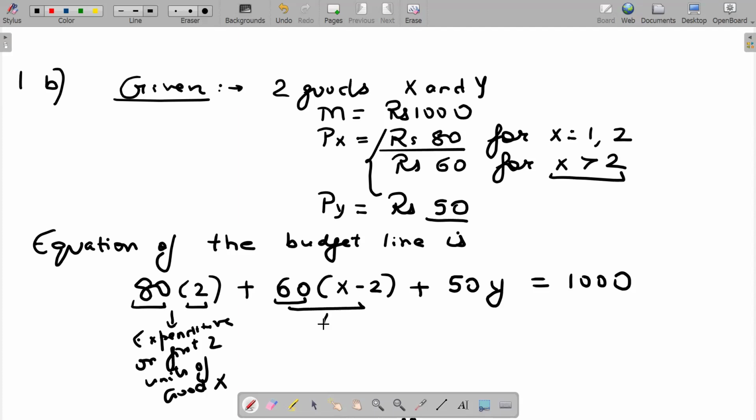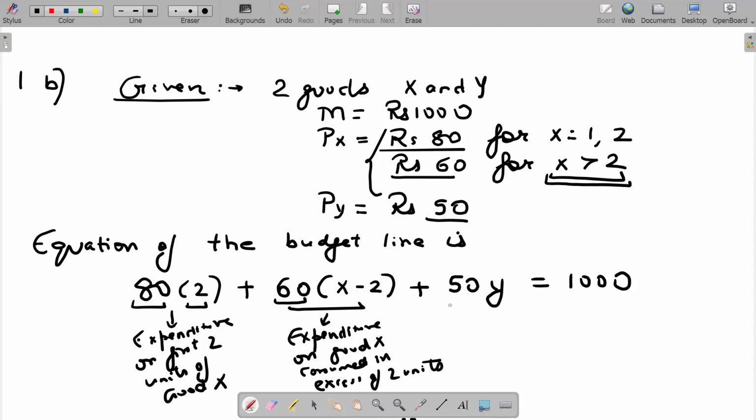This is the expenditure on good X consumed in excess of 2 units, because for consumption of good X in excess of 2 units, the consumer pays a price of 60 rupees. This is expenditure on good Y. And this is the income of the consumer.